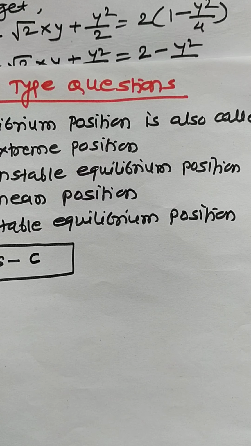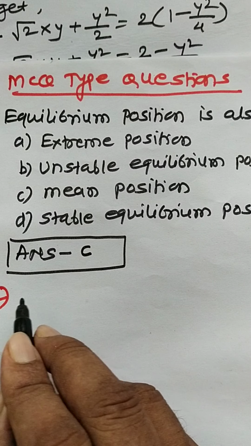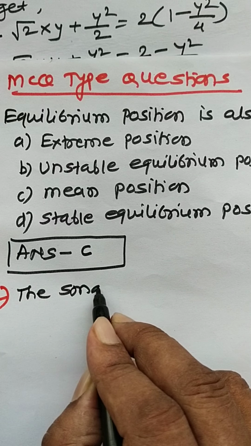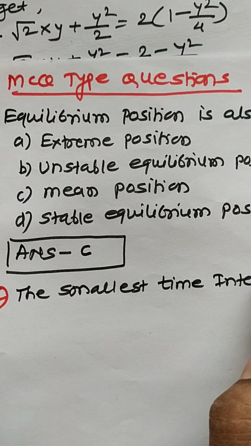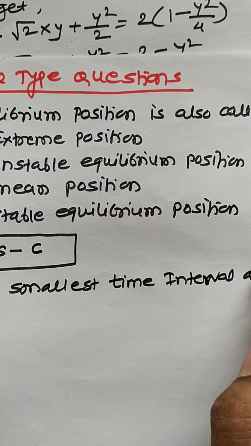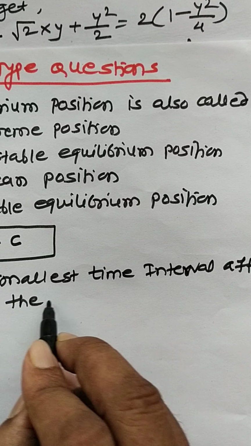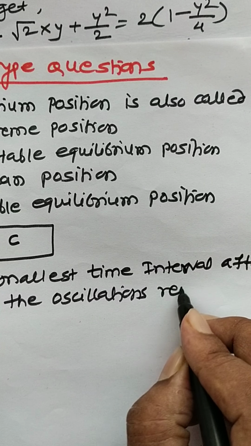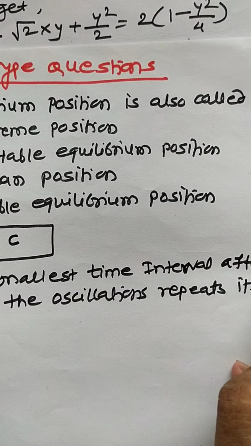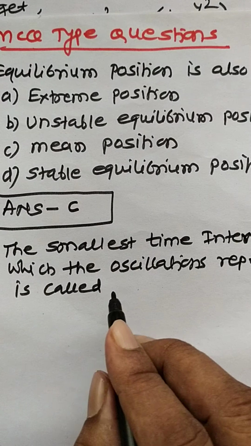Second MCQ type: the smallest time interval after which the oscillation repeats itself is called dash dash dash.